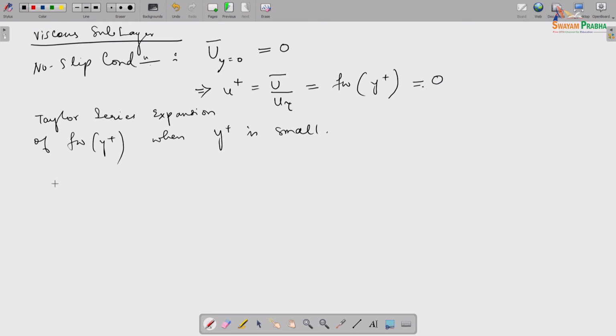So f, if I expand that, is going to be this, etc. Then f w of y plus is actually equal to y plus if I ignore the higher order terms.